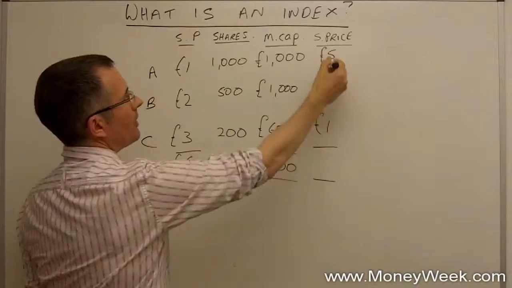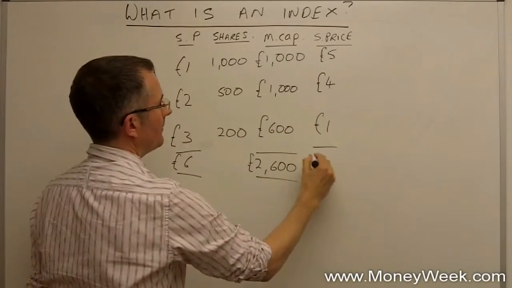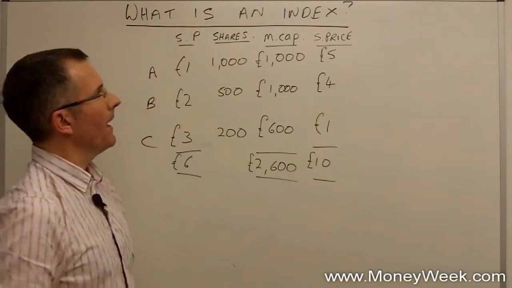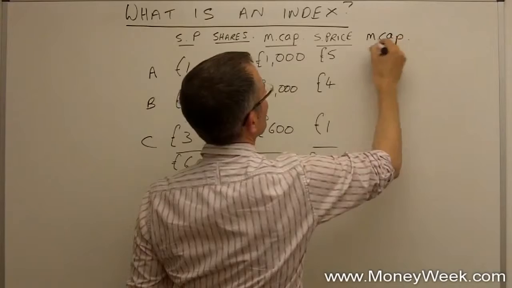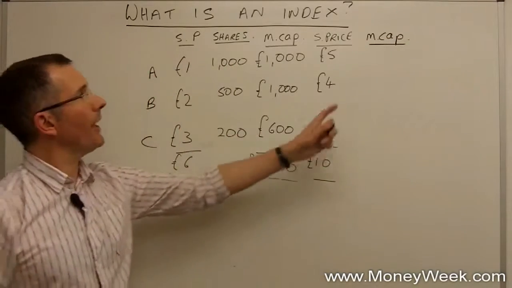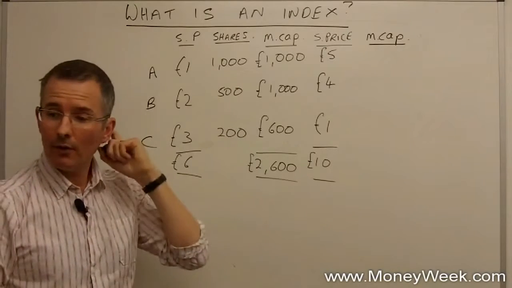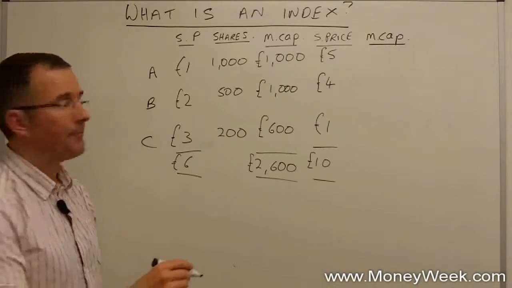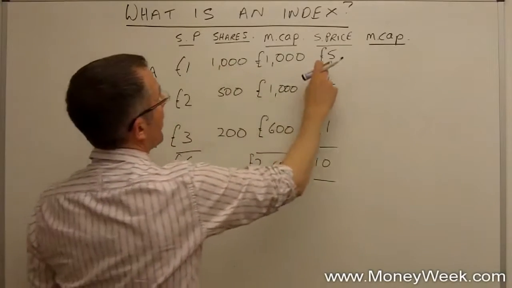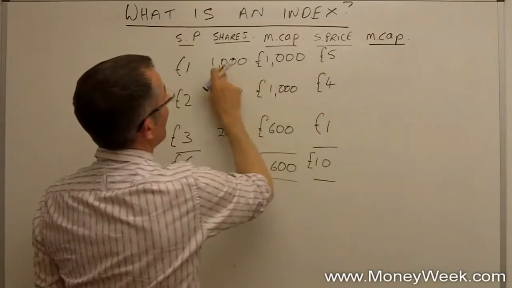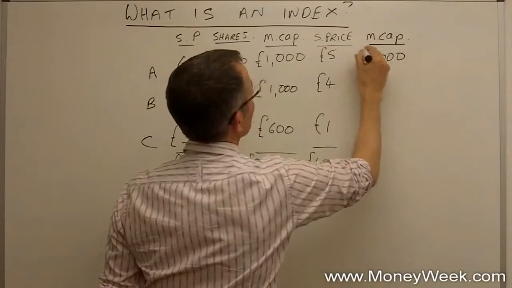Now the revised share prices just added up: 5, 4, 1, making 10. And for the revised market capitalisations, this time I'm going to take the new share prices and multiply by the number of shares still in issue. Nothing much has changed there. So 1,000 times 5: new market capitalisation for Company A, £5,000.